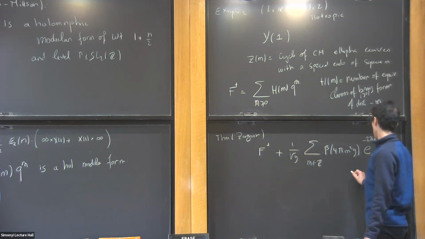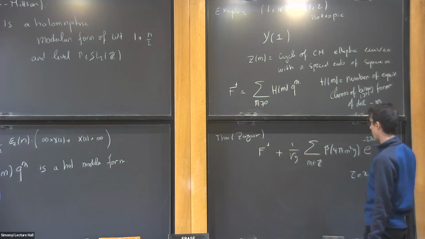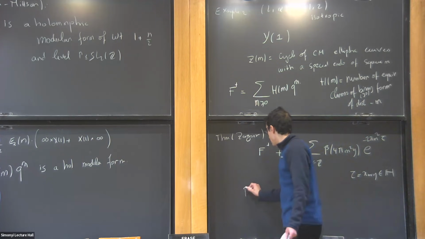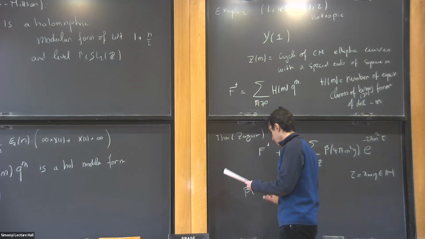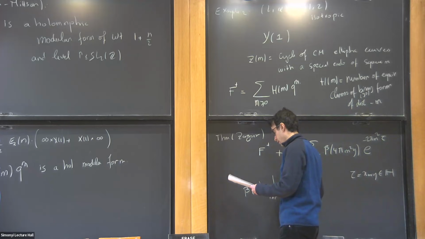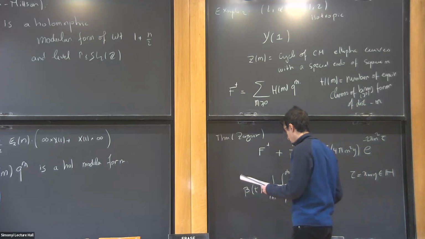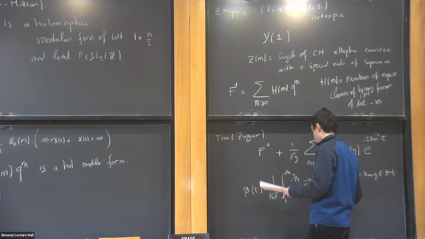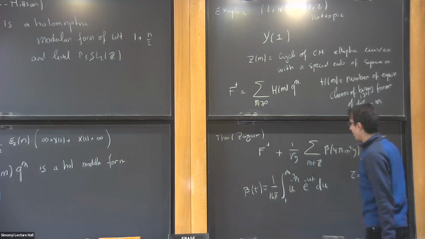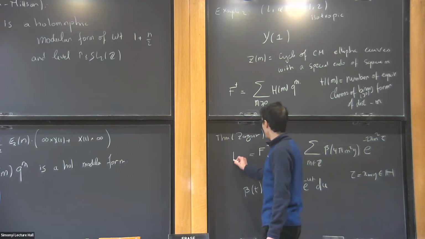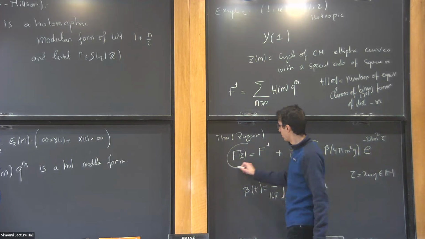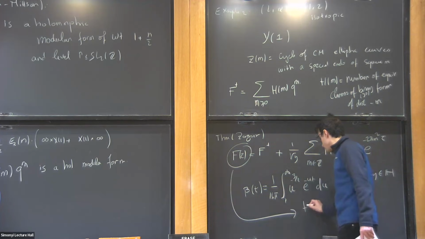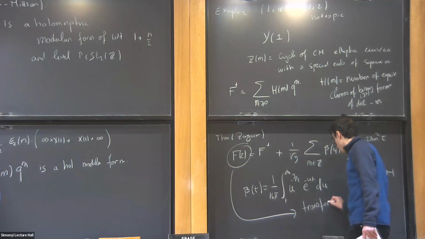Here I'm writing tau as x plus iy in the Poincare half plane, so y is the imaginary part, and beta is this function beta of t equals 1 over 16 pi times the integral from 1 to infinity of u to the power minus 3/2 exponential of minus u t du. Once you do this completion, this new function of tau transforms like a modular form of weight 3/2.